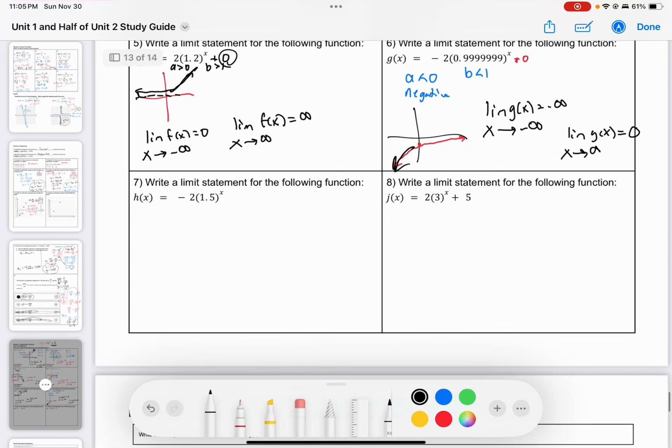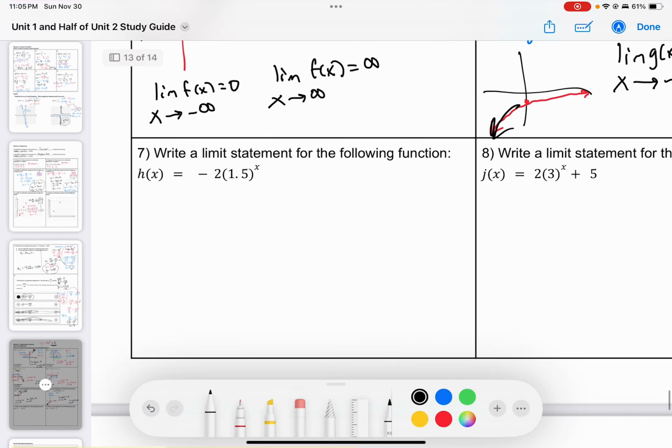All right. Here's one with k. Good job. Write a limit statement for the following function. Negative 2 times 1.5 to the x. Hopefully we're getting the hang of this. Start in the negatives, but we're growing. And I should do a better job. This asymptote is here because there is no k.